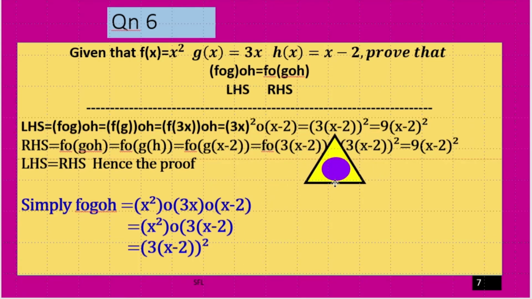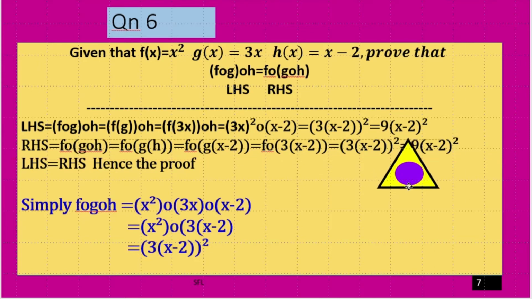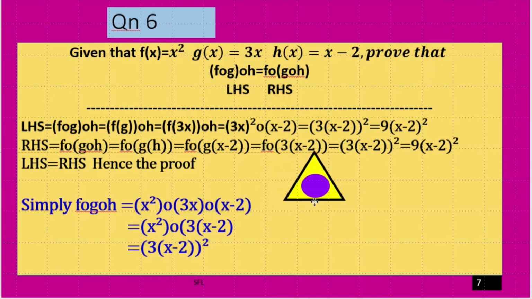Therefore, we get finally 9(x − 2)². Coming to RHS, here the last two are evaluated first. f∘(g∘h), f∘g(x − 2) equals f(3(x − 2)). 3(x − 2) will replace x in f(x). Again we get the same result.